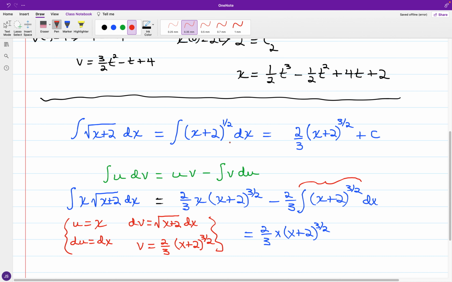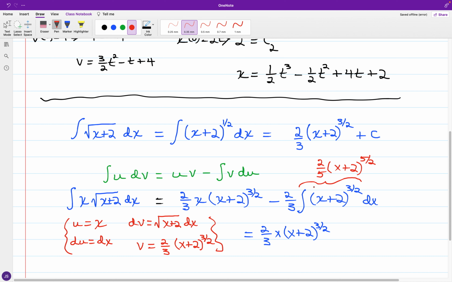Just like x plus 2 to the 1/2, once we wrote the antiderivative, we increased the power by 1. For x plus 2 to the 3 halves, if I increase the power by 1, this becomes x plus 2 to the 5 halves. The antiderivative is x plus 2 to the 5 halves divided by 5 halves, or multiplying by 2/5.